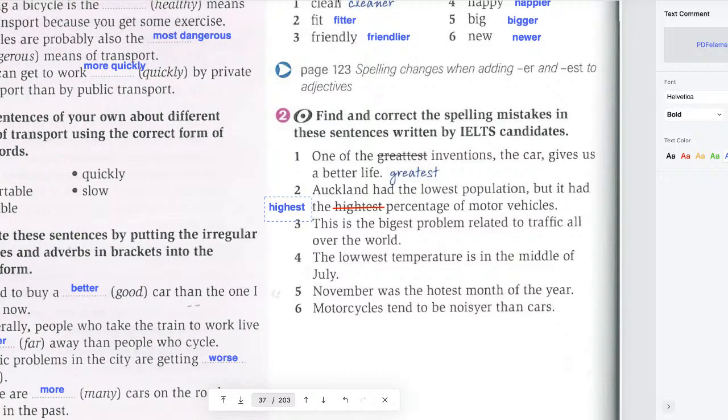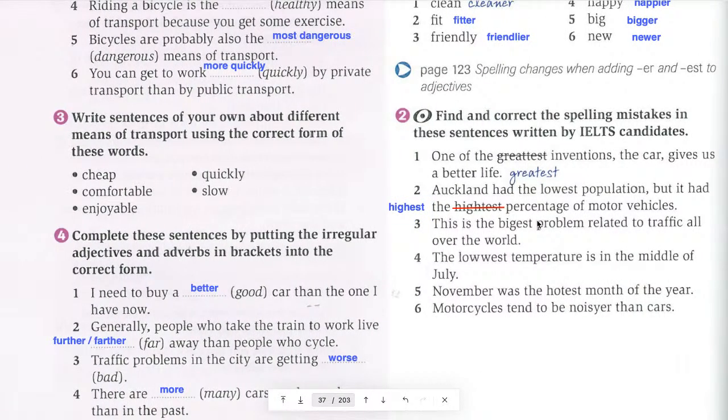We don't need T. So Auckland, read that sentence. Auckland has the lowest population. Yes, Auckland had the lowest population, but it had the highest percentage of motor vehicles.